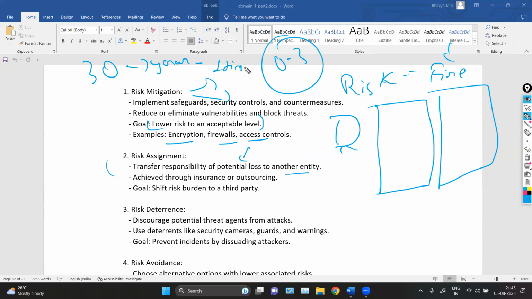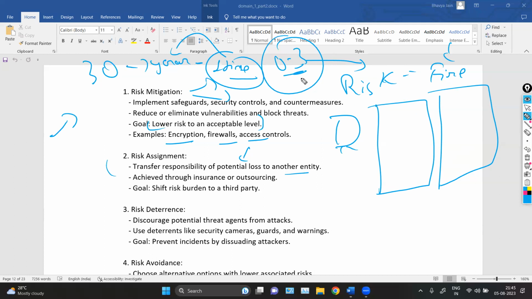Okay, like the buildings can catch fire. So the occurrence of this fire can be one time within these 30 years. So here the chances are 0.3, and this is your expected loss which is caused by this fire. Okay, like the occurrence of that risk.